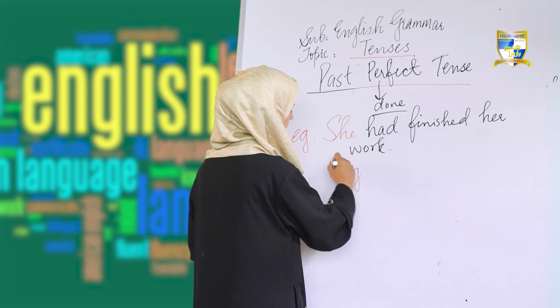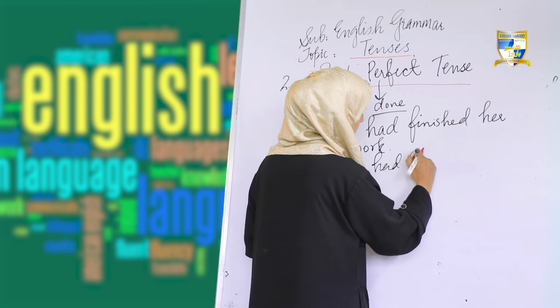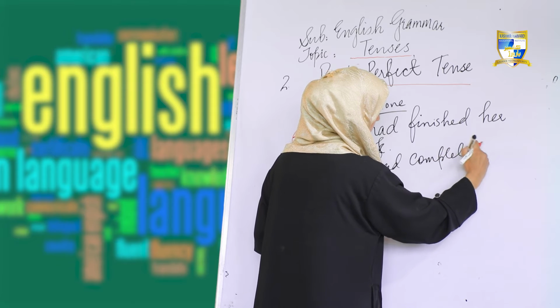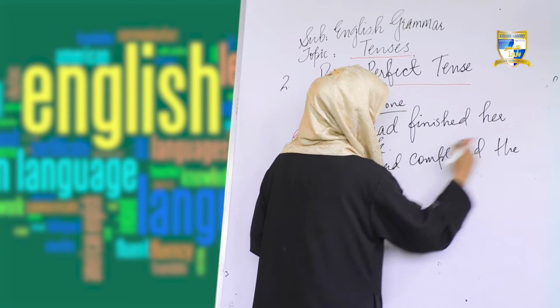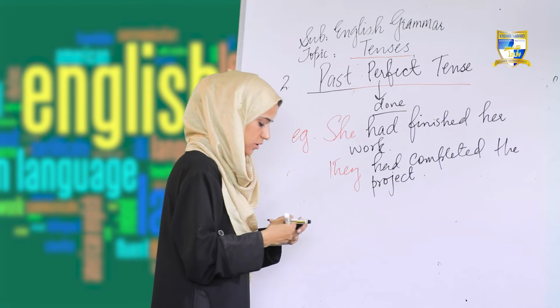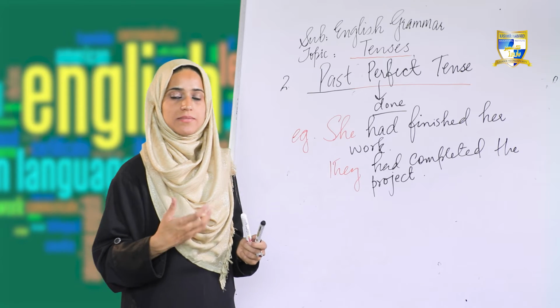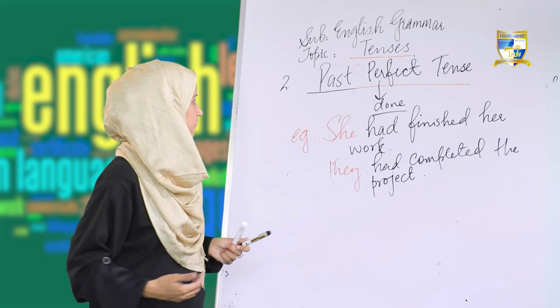They had completed the project. So this is the first use of past perfect tense, that it denotes the time of an action that had completed in past time.